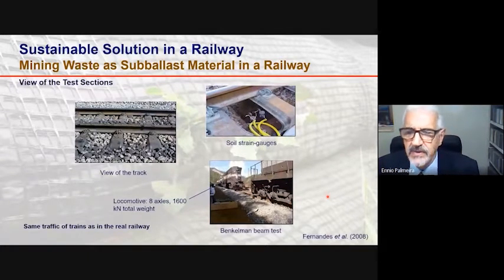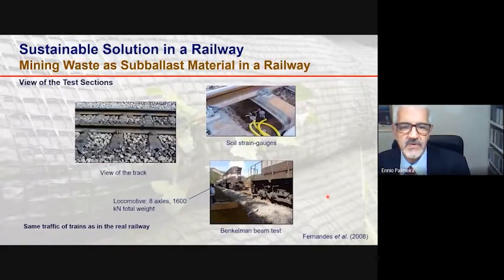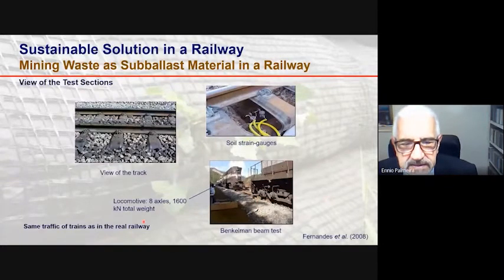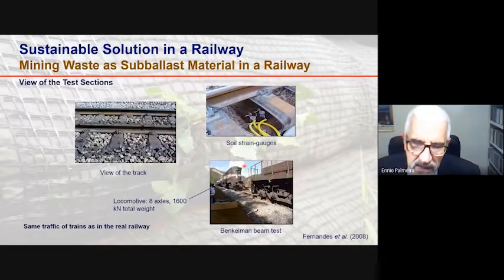It is important to point out that the same traffic that passed on the railway was the one that passed on the experimental section.